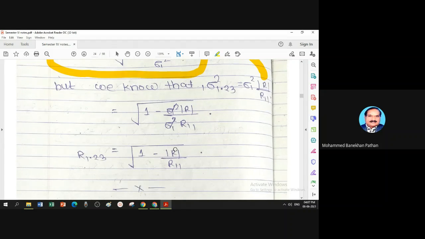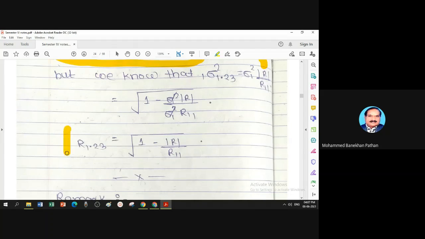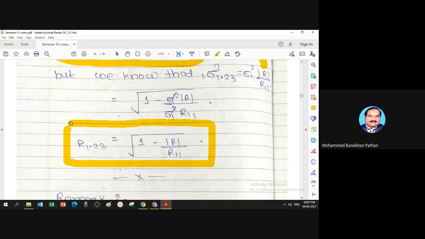So finally you get an expression for the multiple correlation coefficient: R1.23 equals root of 1 minus determinant of the correlation matrix divided by the cofactor of order 1,1. This is a very simplified derivation, which is easy to remember.